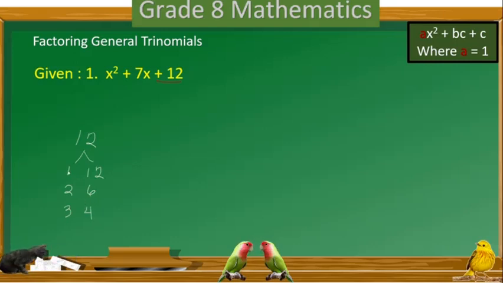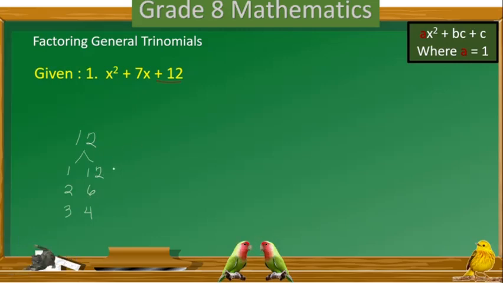If we multiply these, 1 times 12 is 12, 2 times 6 is 12 also, and 3 times 4 is 12. All you have to do is find the sum of the factors. If the sum is equal to the middle term, then that combination of factors is the one we are looking for.